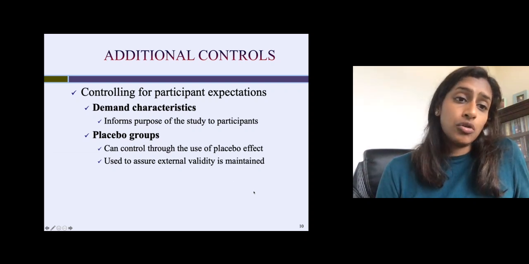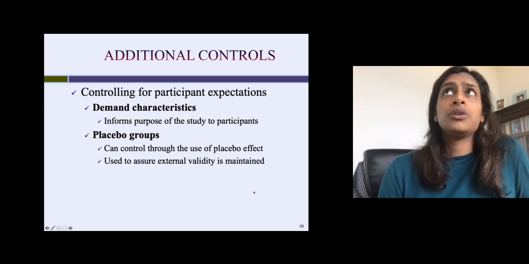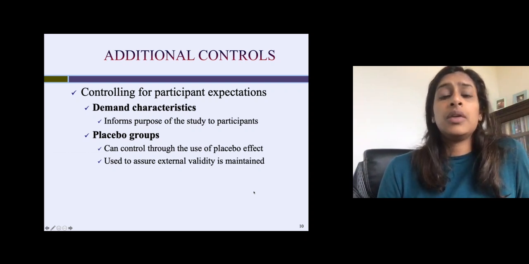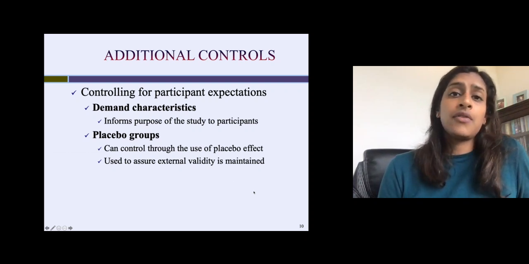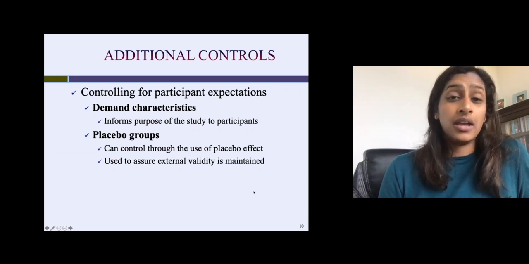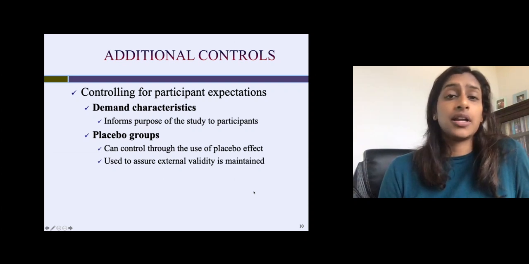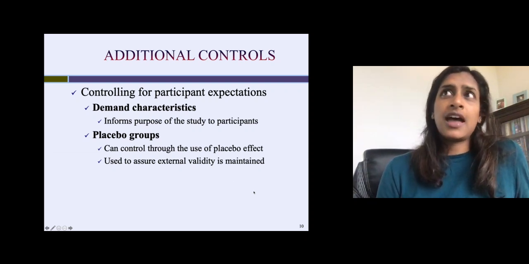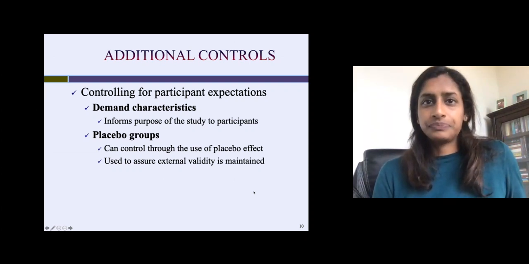A placebo group could be used to help us, particularly when we are doing some kind of medical trial, right? Maybe we want to see the effectiveness of a drug. If we give everyone the drug, we have no way of knowing whether the results we are seeing are because of the drug itself or because people believe that the drug is supposed to do X for them.